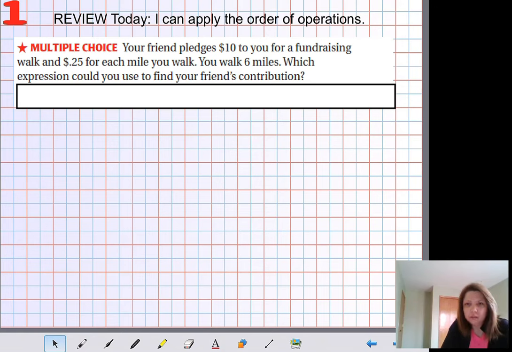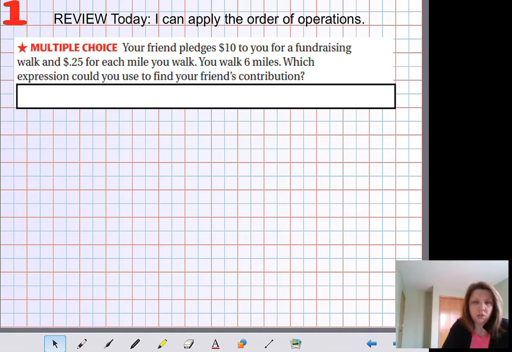So I can apply the order of operations as the main thing for today. I want you to look at this multiple choice example, where it says your friend pledged $10 to you for a fundraising walk and 25 cents for each mile you walk. You walk 6 miles.